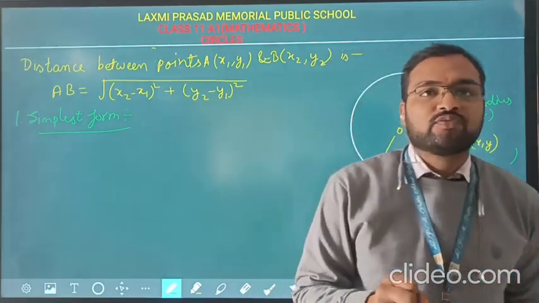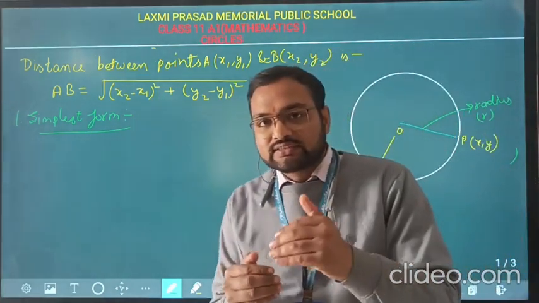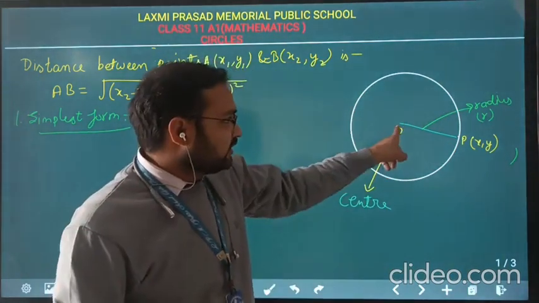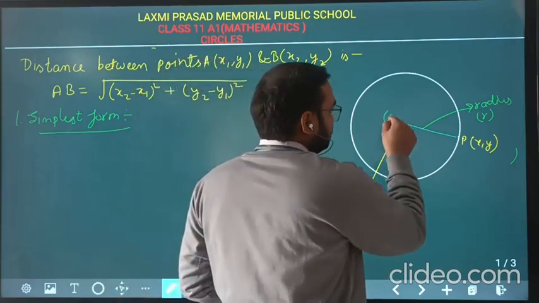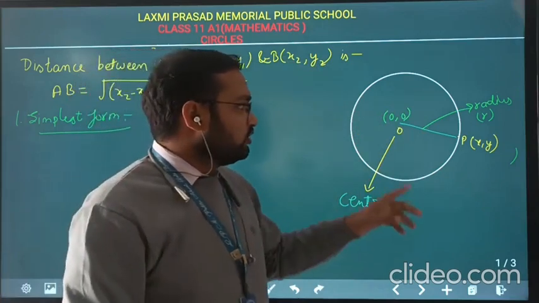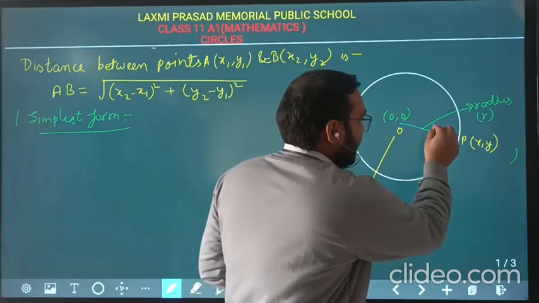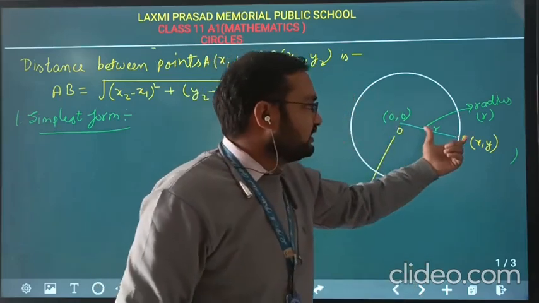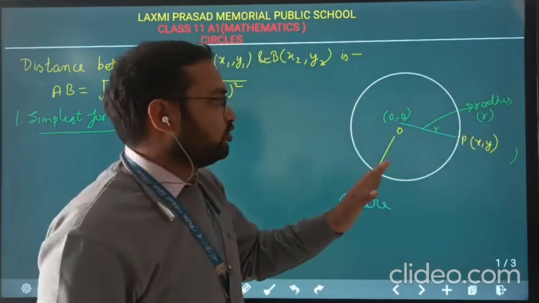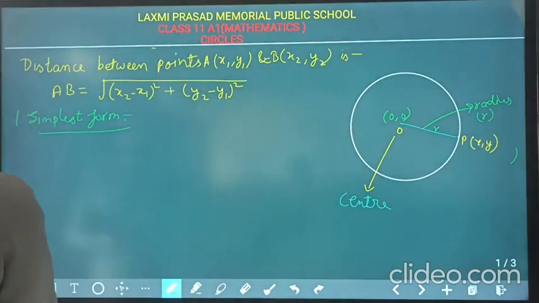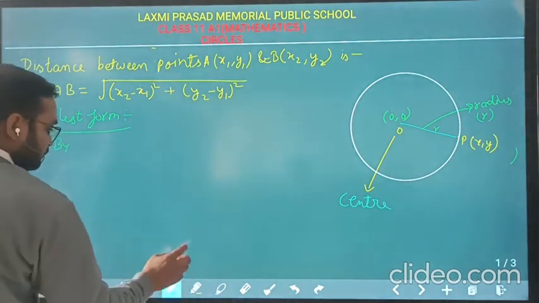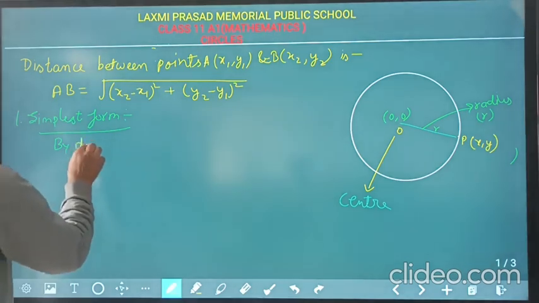In the simplest form, we will consider the center at the origin. That means this point O lies at 0, 0. Since the distance OP is R, which remains constant throughout the circle, we will use the distance formula.